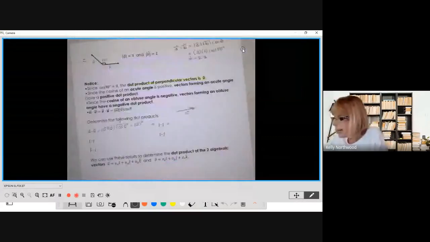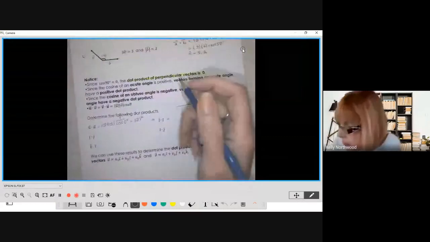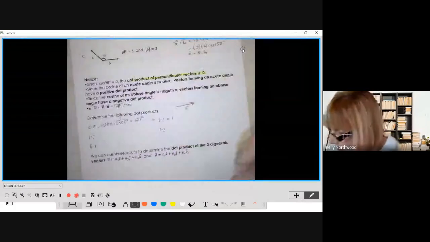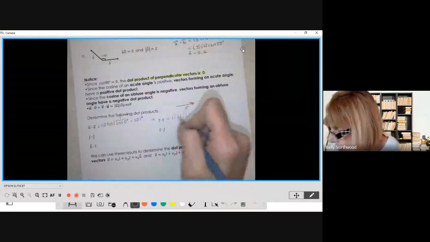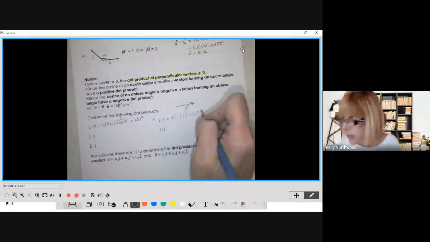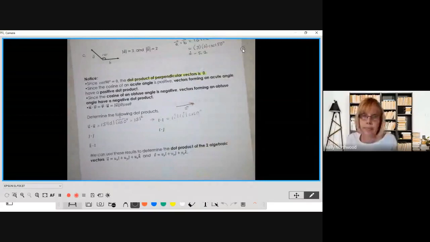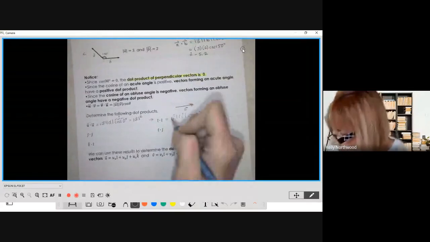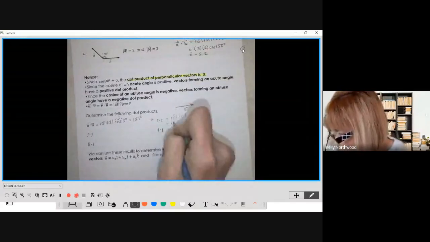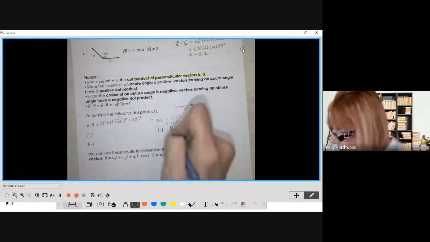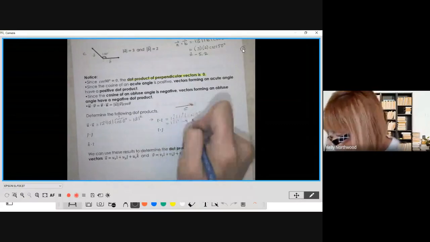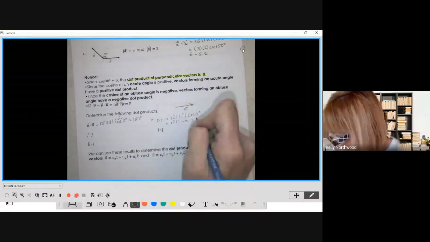So i hat dot i hat is going to be, according to the dot product, the magnitude of i hat times the magnitude of i hat, and then they're the same vector, so the angle between them when they're tail to tail is 0 degrees. And that's going to be the magnitude of i hat squared, but the magnitude of a unit vector is 1. So it's going to be 1 squared, or just 1.